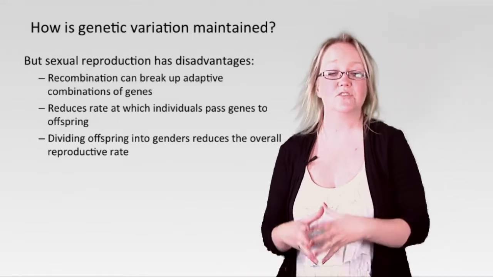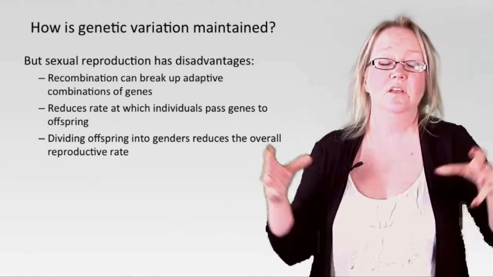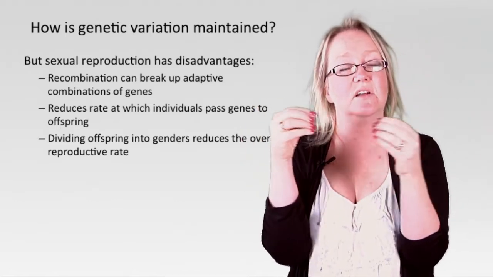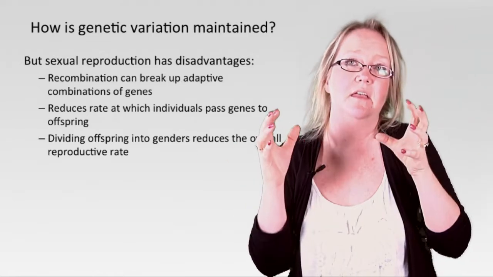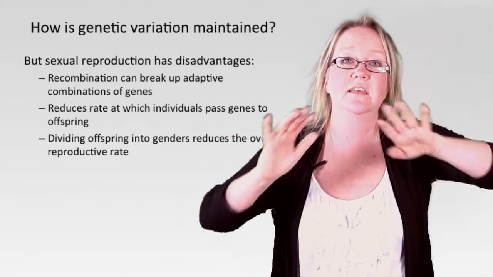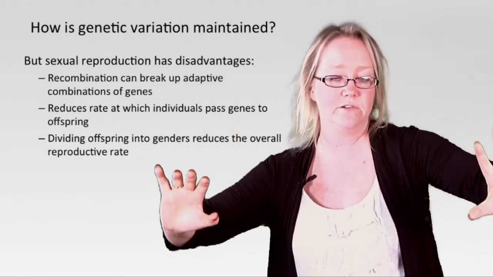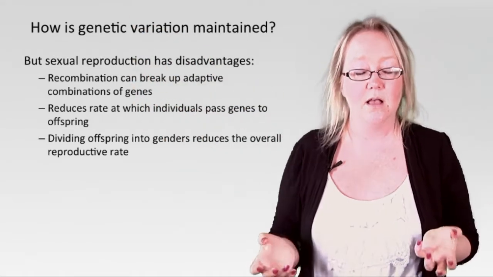Second, sexual reproduction also has disadvantages, okay? Sometimes when you have genes that are close together or on the same chromosome and they're beneficial to each other when they're on the same chromosome, and suddenly they cross over and now one's over here and one's over here on different chromosomes, and they may end up being entirely separated.